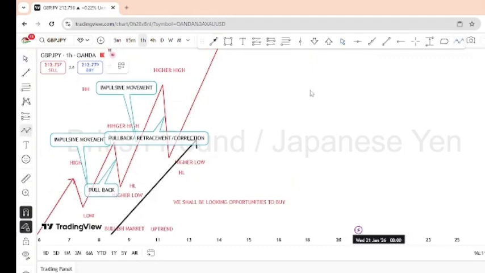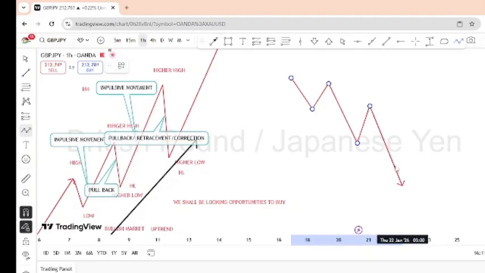So when we begin to see markets moving like this, then it has a pullback to the upside, then it moves again to the downside, then it pullbacks again to the upside, then we move back again to the downside, then there's a pullback again, then it moves this way.